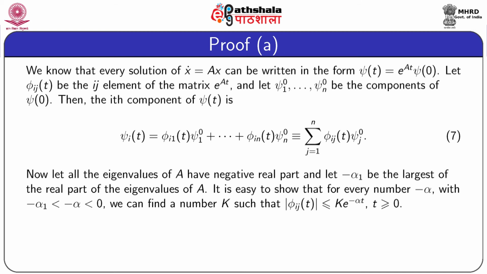Now, let all the eigenvalues of A have negative real part, and let minus α₁ be the largest of the real parts of the eigenvalues of A. It is easy to show that for every number minus α with minus α₁ less than minus α less than 0, we can find a number capital K such that the modulus of φ_ij(t) is less or equal to K e^(minus αt), where t is greater or equal to 0.